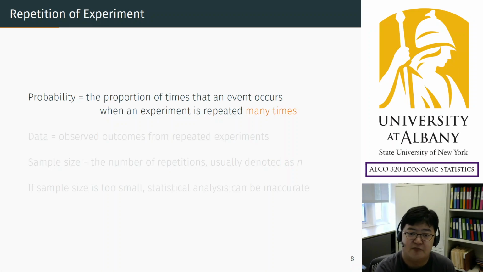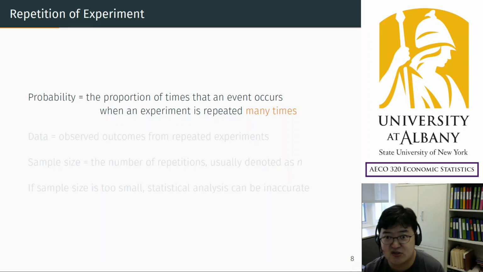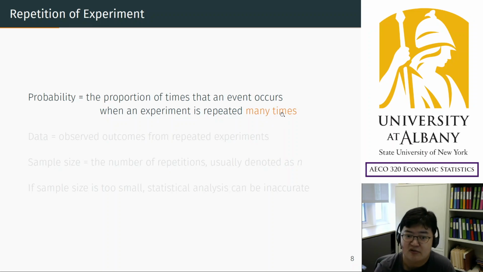That is the probability. So this is also a very intuitive way to define probability. But what you have to pay more attention to is that the experiment should be repeated many times. This may not be possible, but this is the key part to understand what's going on. So we will talk more about that now.